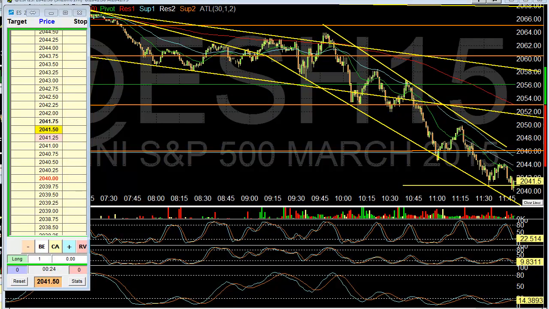And you can see we're kind of stalled out here right above the 20 line. We did take out the lows, and here we go.